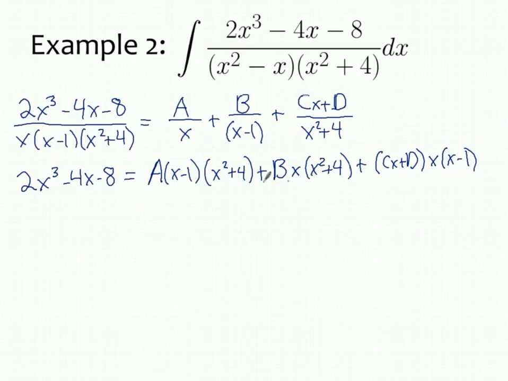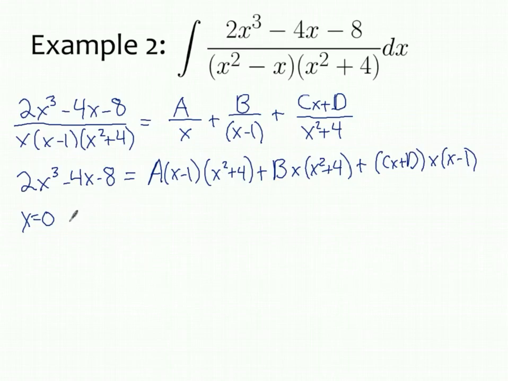And again, thinking about beneficial values of x to plug in, we can eliminate some things. So if we let x equal 0, then that eliminates both the b and the cx plus d's, because we get zeros in for these x's.